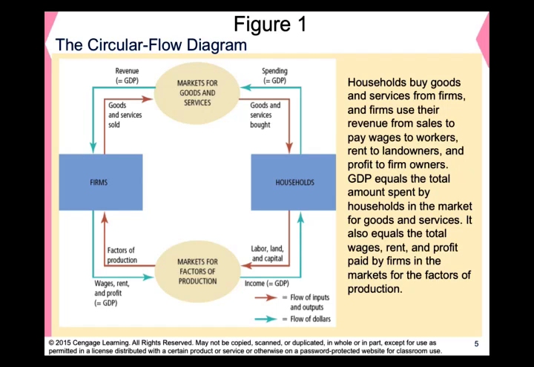As you can see in this diagram, we have the same kind of setup that we had in chapter number 2. We have markets for goods and services here, and markets for factors of production here. On the left hand side, in this blue box, you have firms, and here you have households. These links are the same as we discussed in chapter number 2, so you know about these. So that is the circular flow diagram.